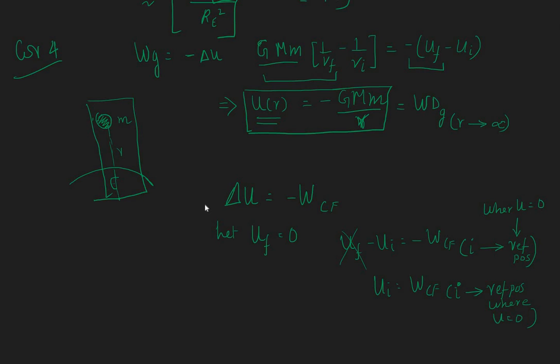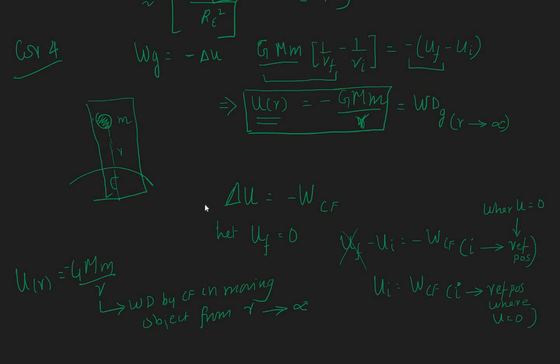Or you can say in our case, UR equals minus GMm by R, which is the work done by the conservative force in moving an object from R to infinity, which is our reference position.